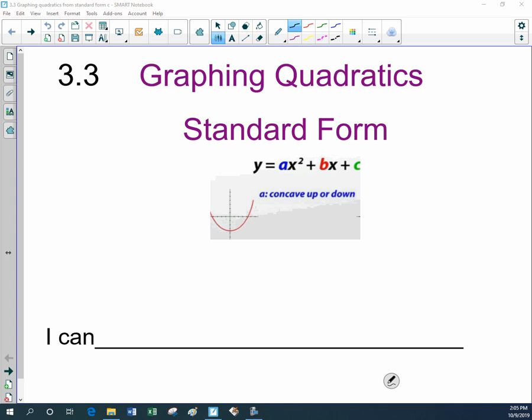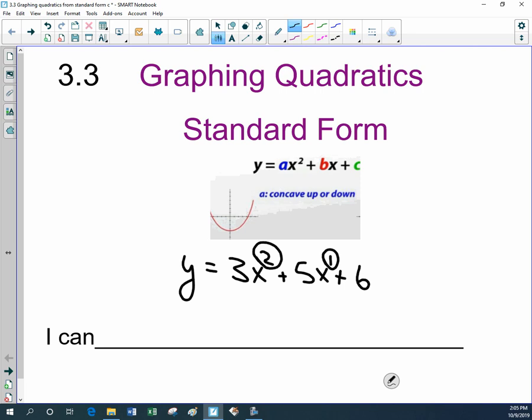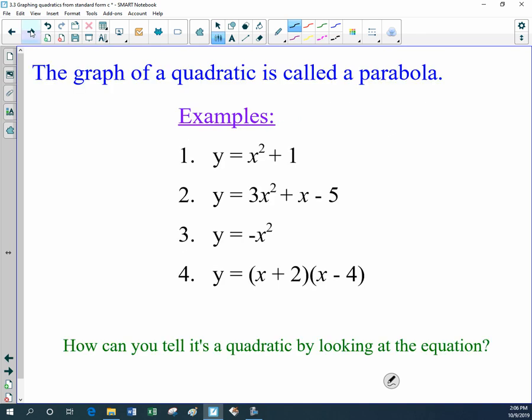So if you remember, standard form is when we have the terms arranged in order from the greatest exponent. So here we have x squared, x to the first, and then we'd have the constant. Okay, so we're going to talk about how to graph a quadratic that is in this form today.